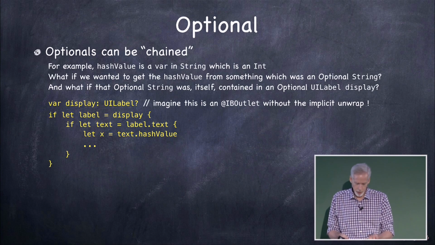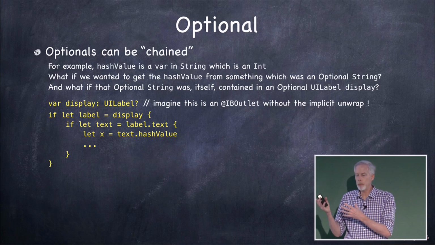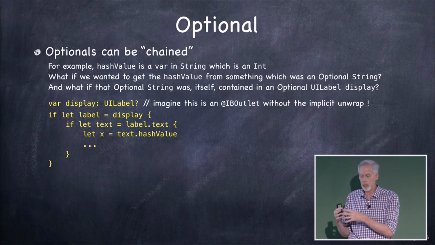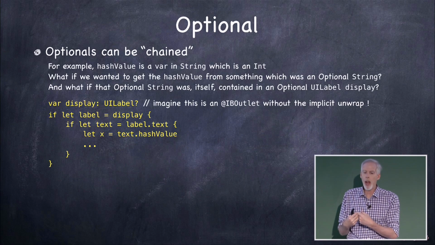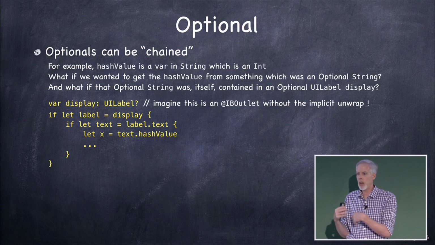How would we do that? Well, of course, we would say if let label equal display to unwrap the display, and then we'd say if let text equal the label's text to unwrap that, and then we would say let x equals the text hashValue. Okay? So that's how we would unwrap it.